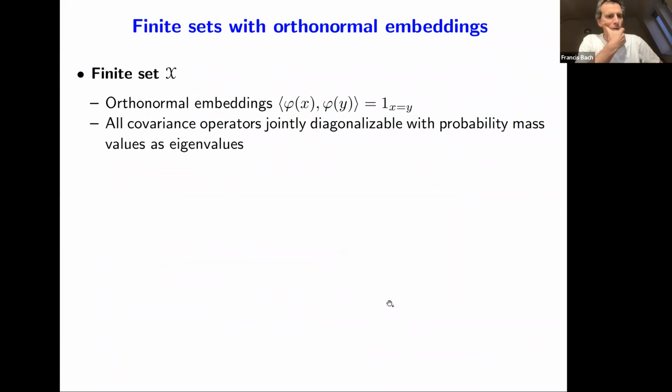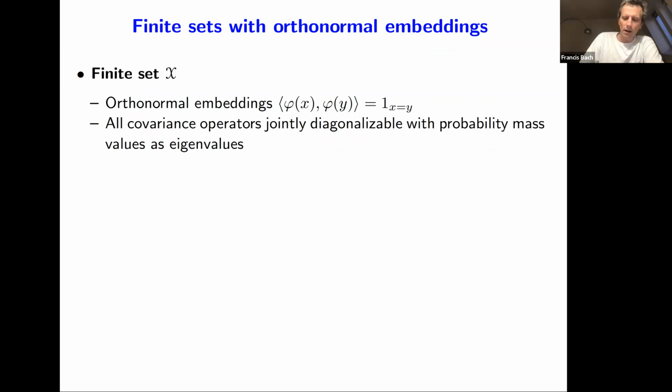All right, so just to get the intuition going, what's happening for a finite set? If you have an orthonormal embedding, then you can show that all those covariance operators, which are covariance matrices, can all be diagonalized in the same basis. So you can simply rotate your space so that phi of x is just a canonical basis vector, and then all covariance matrices are diagonal matrices.